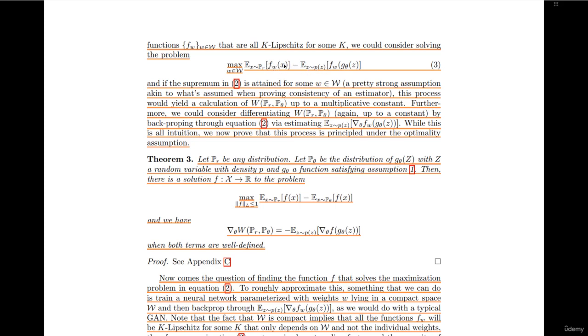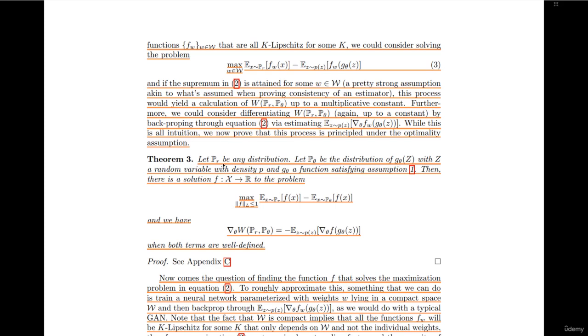Then this f w of x could represent the critic or the discriminator, and this g theta of z represents the generated data, which is then passed through the discriminator. But what's important to note here is that for us to get to this point, we have actually assumed that we have these functions which are all K-Lipschitz.